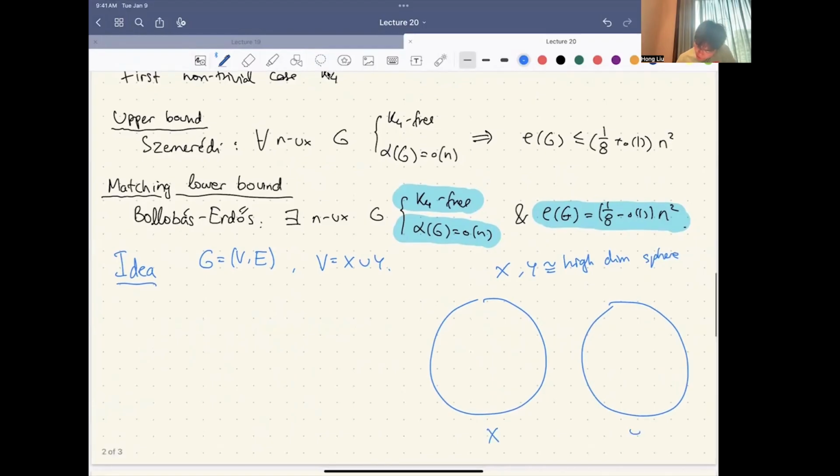This is X and Y. Now you uniformly distribute vertices over the sphere, and do the same here.